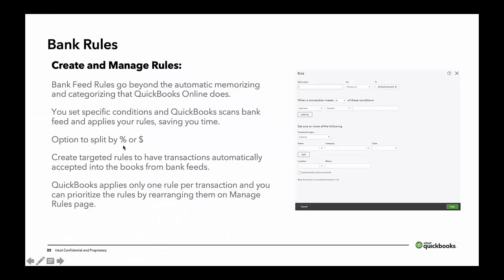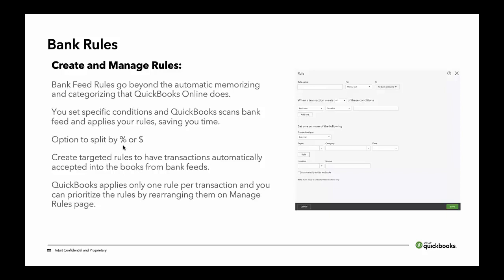Okay, so as we are matching and adding, QBO is learning as we go, but rules take us a step beyond that kind of automatic memorizing that's happening in the background as we add and match transactions. Rules allow us to set specific conditions so that when the information comes through the bank feed, if it doesn't find a match, it's going to look at your rules and really save you time by taking a peek at the conditions that you set up.